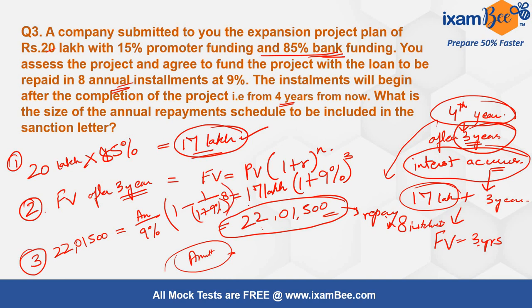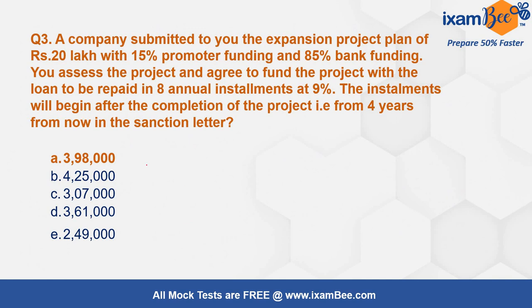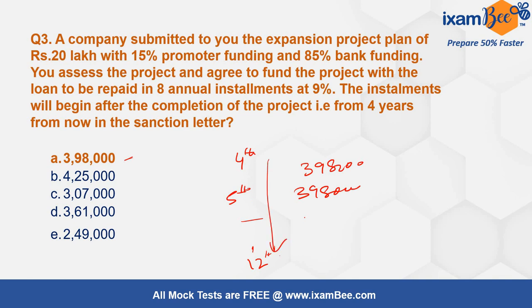So I will solve for this to find my annuity, and when you solve for this, the amount will come at 3,98,000 approximately. So that is the amount you will have to repay or include in the sanction letter, that at the 4th year you will pay 3,98,000, then 5th year you will pay 3,98,000, and so on till 12th year you will make this schedule.